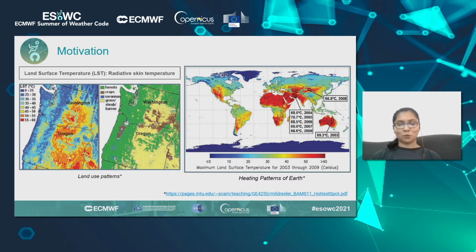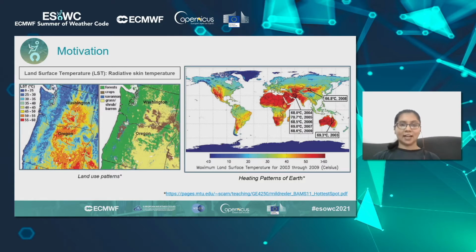Okay, so what is ML4Land? The core idea behind ML4Land is to understand important land surface cover characteristics. And the characteristic that we focus on here is the radiative skin temperature, commonly known as the land surface temperature or LST in short. So why is LST important?